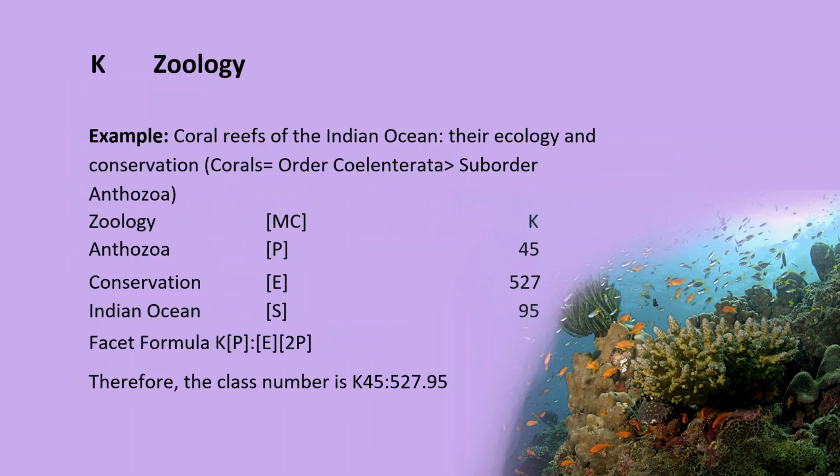Here we present examples. Coral reefs of the Indian Ocean, their ecology and conservation. Corals come under the suborder Anthozoa, and for Anthozoa we get the notation from the personality facet 4-5 in the main class K Zoology, and then from the biology class we get the notation for conservation in the energy facet, and then Indian Ocean from the space facet.